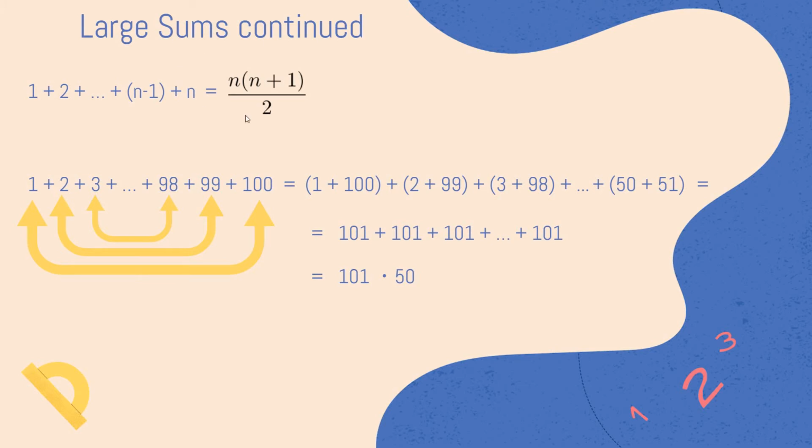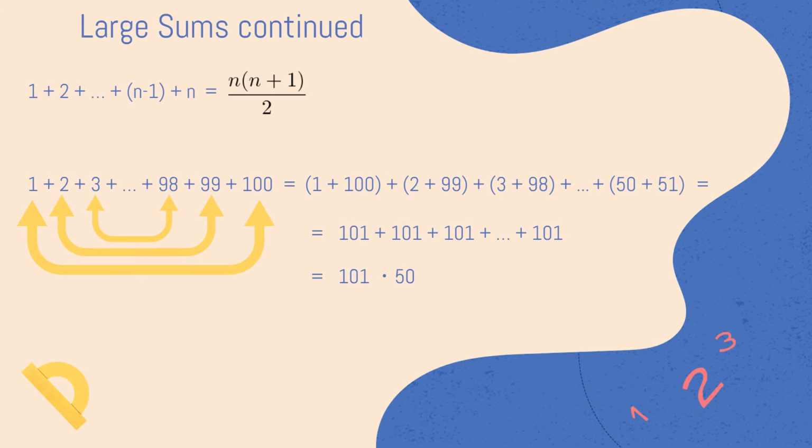But we wanted to prove our original rule. So let's try reformatting this expression to look like our rule. We have 101, which is 100 plus 1, which is our n plus 1. And we have 50, but we don't have n, and we don't have divided by 2. But looking at 50, we can rewrite it as 100 divided by 2.